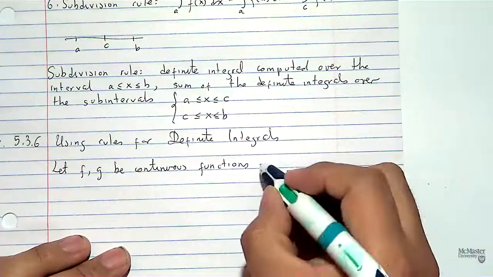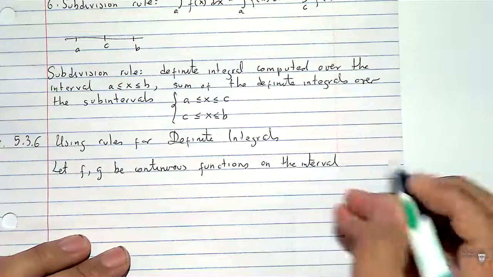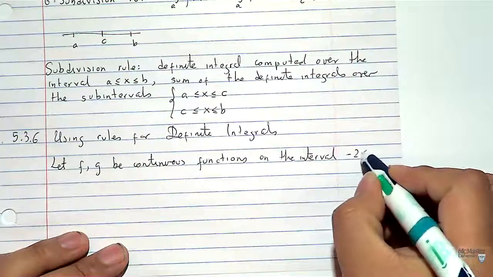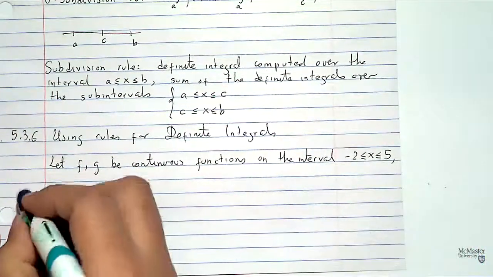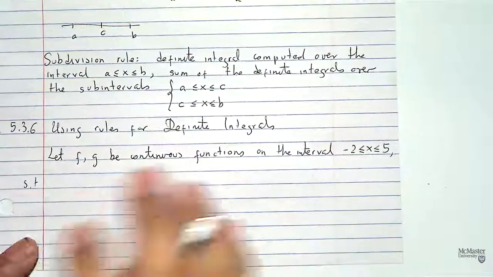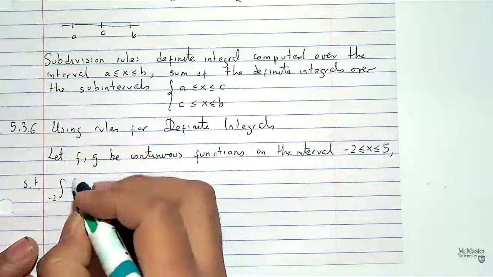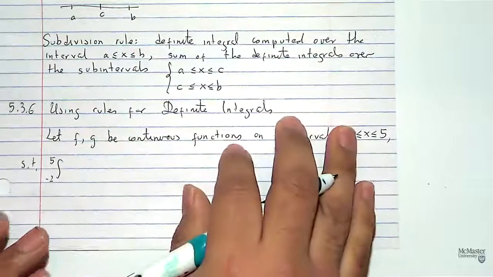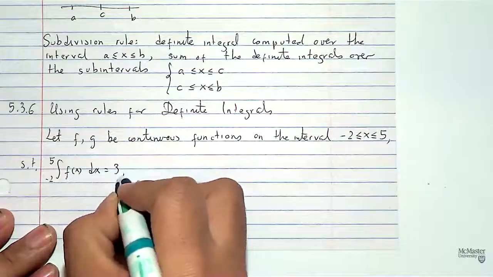So they are continuous functions on the interval from -2 to 5. And the only thing I know is that the integral from -2 to 5 of f of x dx is equal to 3.